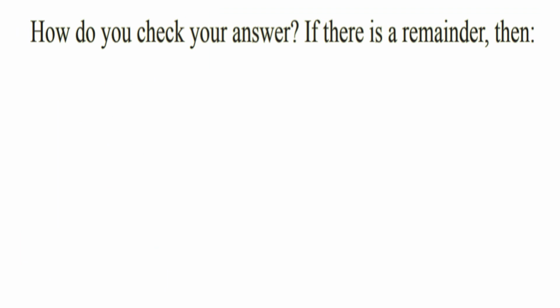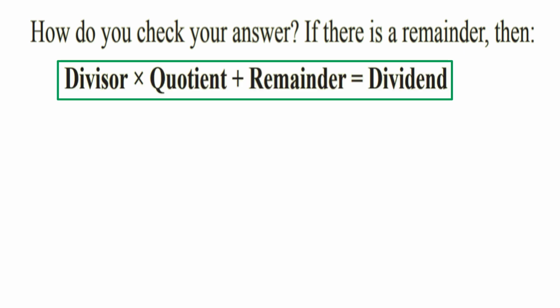How do you check your answer? If there is a remainder, then you solve like this: divisor times quotient plus remainder equals dividend.